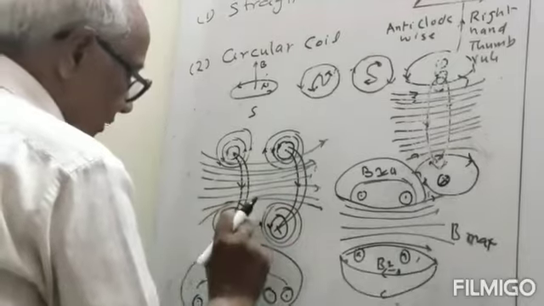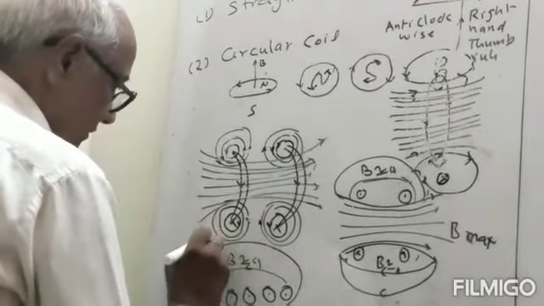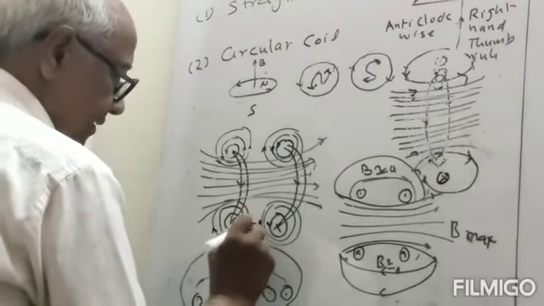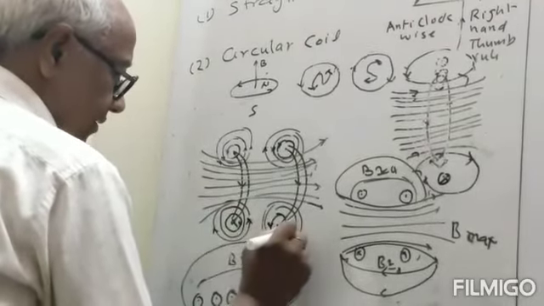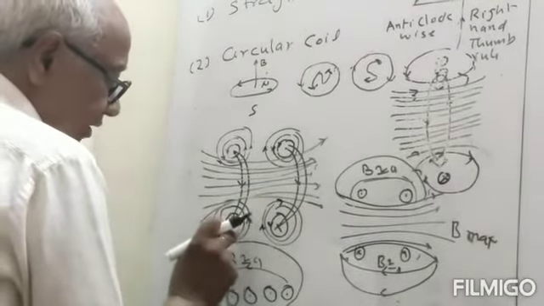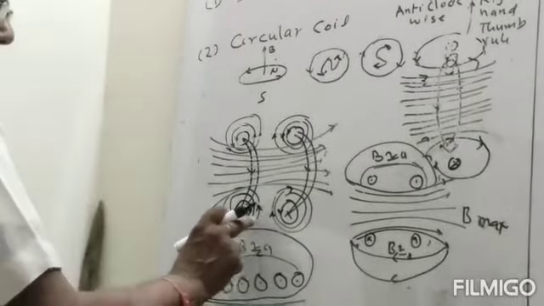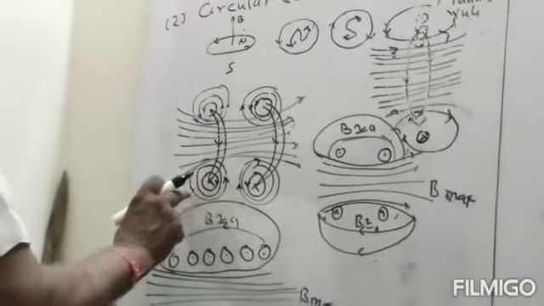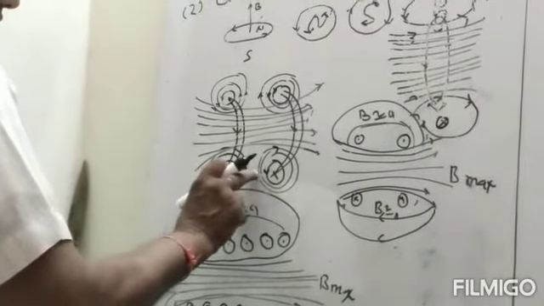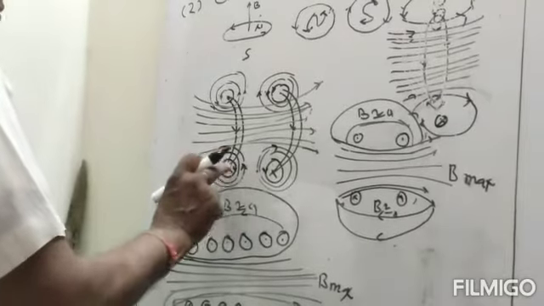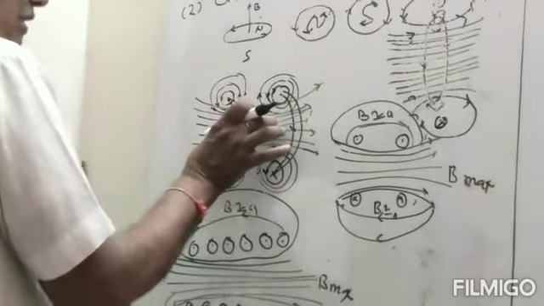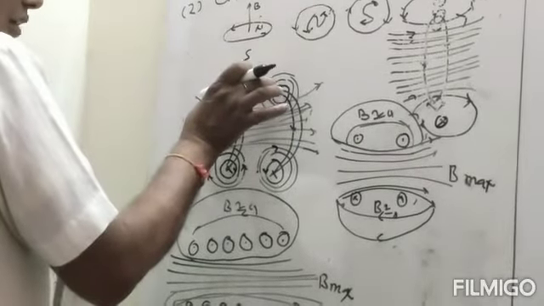Here this will be clockwise. The direction for this field line is opposite to this, so they will also cancel. The field lines at these ends will cancel each other. So the magnetic field will be minimum at the ends and maximum in the center.